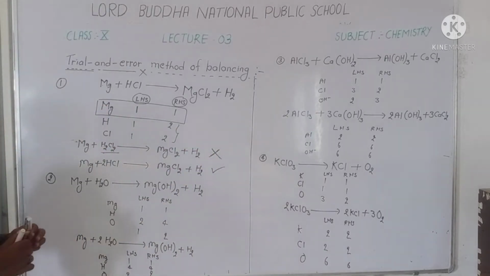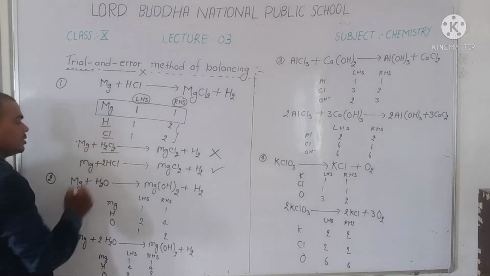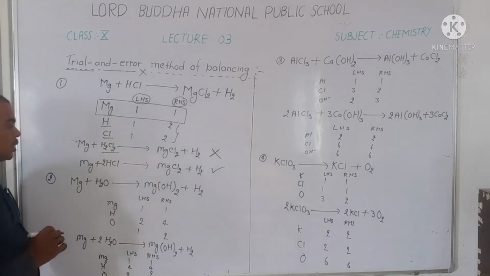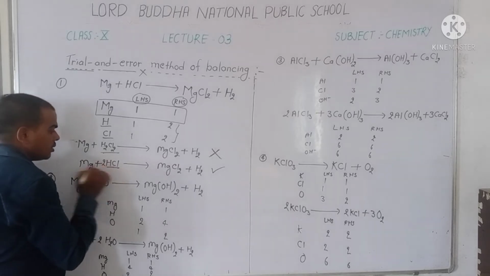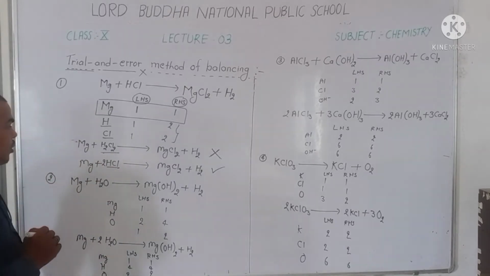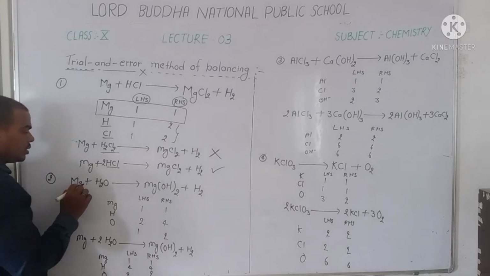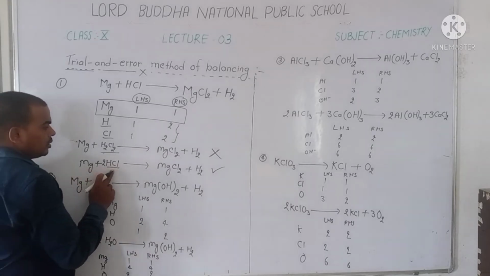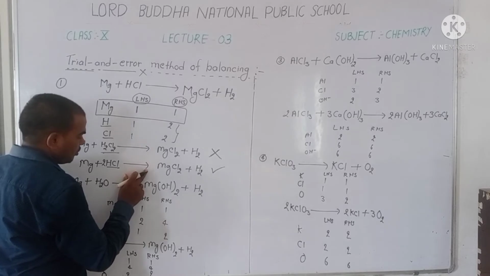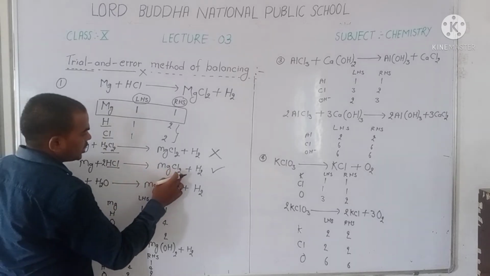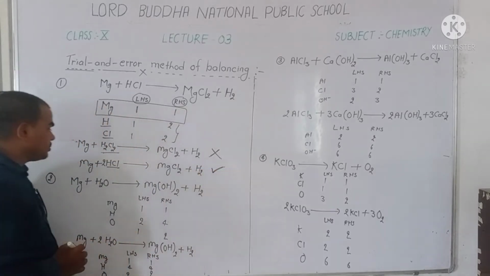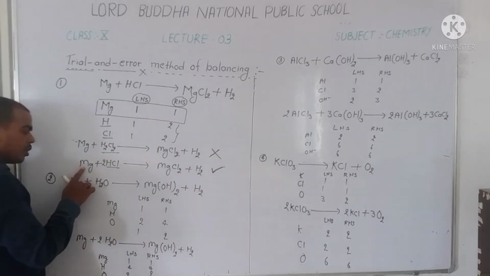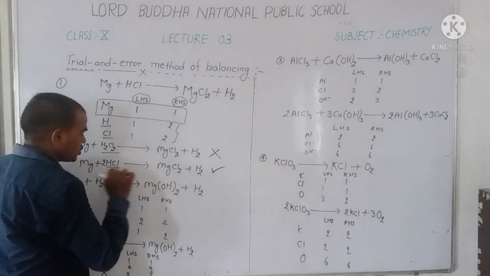For balancing hydrogen and chlorine, if you put 2 before the HCl, then you obtain the equation Mg plus 2HCl forms MgCl2 plus H2. This is the right equation because the number of magnesium on the left side is 1 and on the right side is also 1.